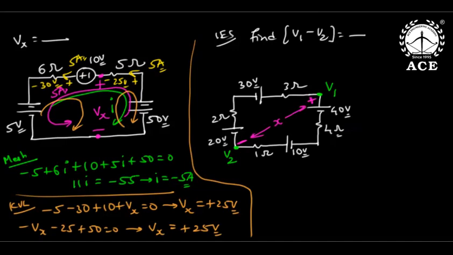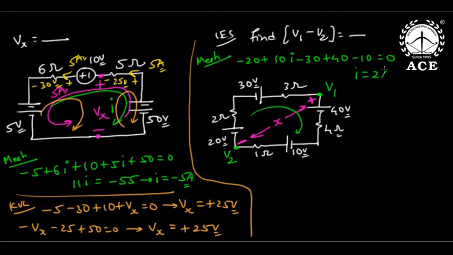Again, I am doing mesh analysis. Starting from here: minus 20 plus 3, 4, 1, 2, all resistances together 10 in series, minus 30 plus 40 minus 10 equals 0. From that, 10i equals 20, so I equals 2 amps.